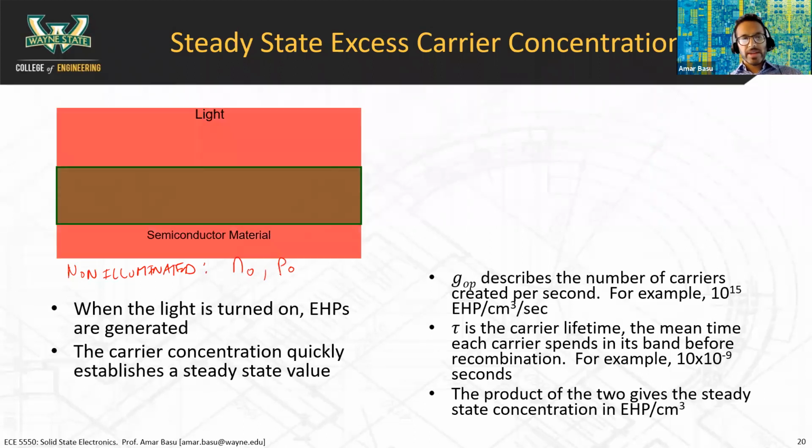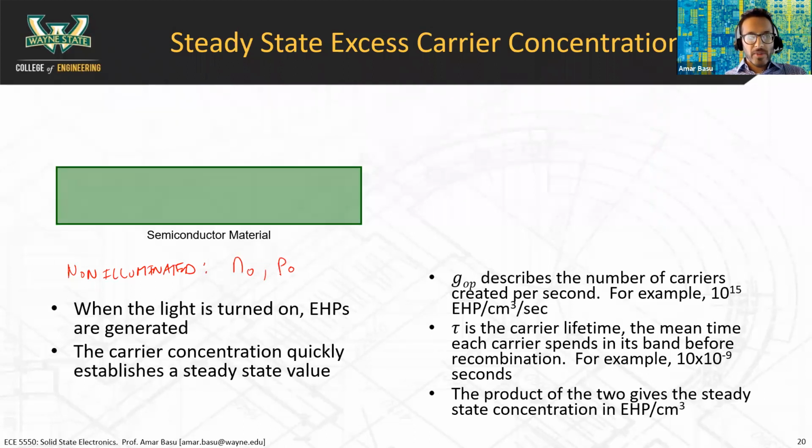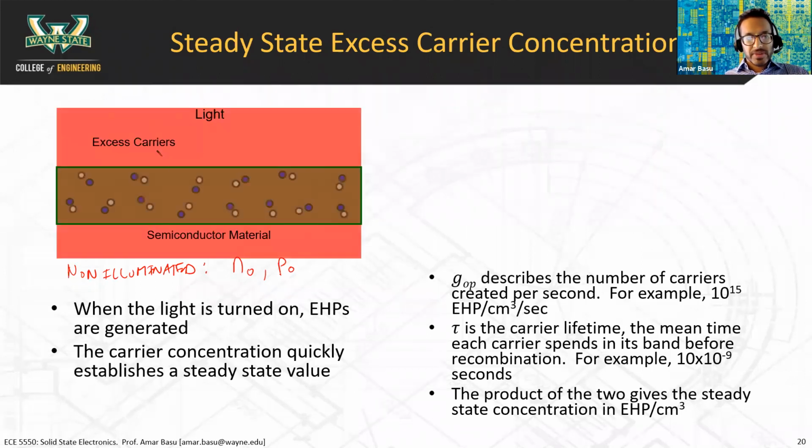By the way, I haven't drawn N0 and P0, I haven't drawn the electrons and holes in the material. But when I illuminate the material, now I generate additional electron hole pairs.